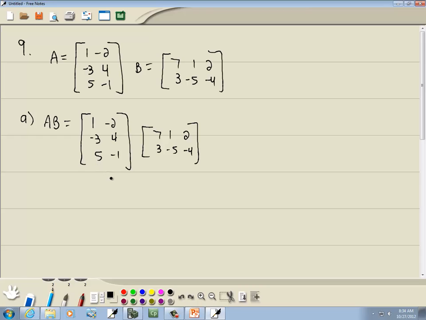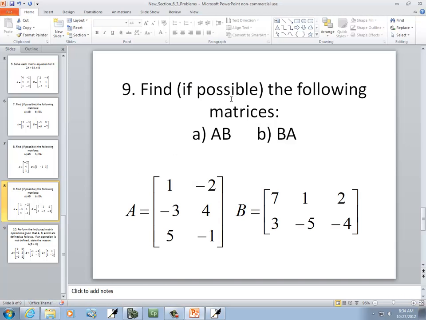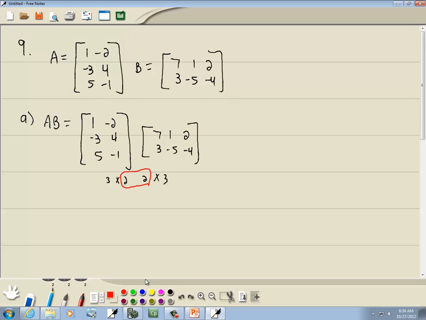The size of this matrix, rows by columns, is 3 by 2. The size of this one, rows by columns, is 2 by 3. These twos match. That means we can multiply them. If these didn't match, then we'd write not possible. You can't multiply them. Now our answer is going to be these outer ones. That tells us our answer is going to be a 3 by 3.